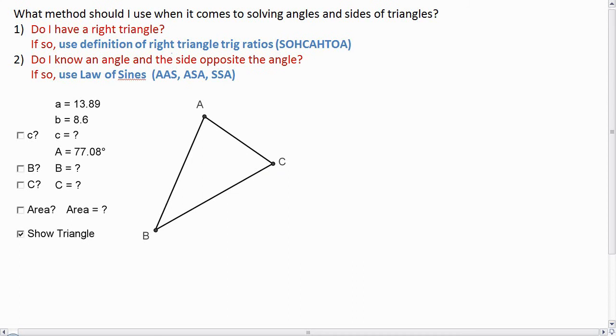Let's go look at one more side-side-angle problem to make sure we understand what might or might not happen. If we say that side A is 13.89 and its opposite angle is 77.08 degrees, first we have enough to establish the ratio: sine of 77.08 degrees is to 13.89.